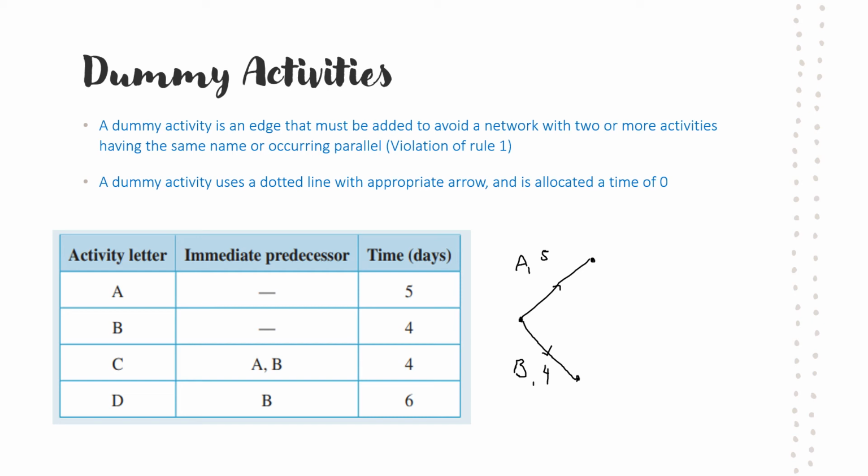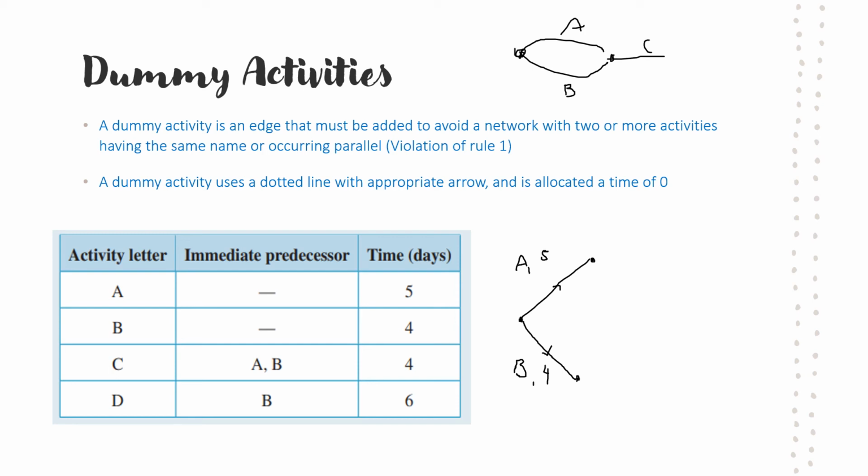If I did C as both A and B's immediate predecessors, it would just look something roughly like this. Now we can't have that. We can't have multiple edges connecting two vertices according to the first rule that we went through. So this is where we need to incorporate what's called a dummy activity.